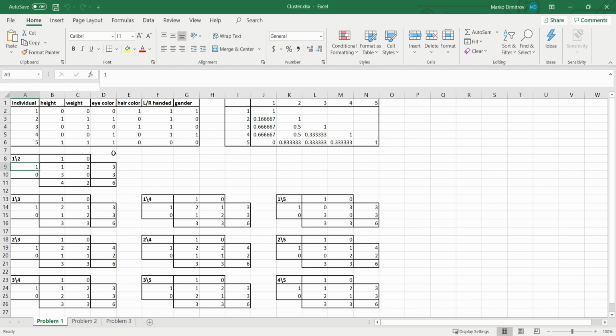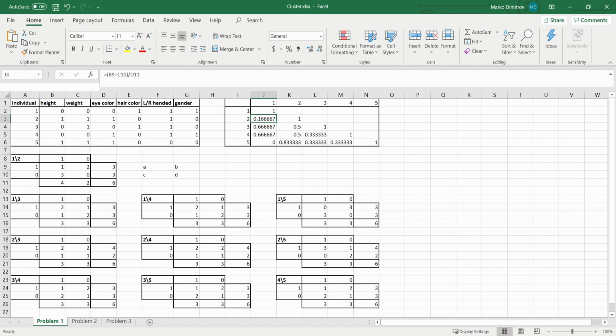For example, for 1, 2, we want to compute this coefficient here. We have A, B, C, D, right? So here it is A plus D, so 1 plus 0, divided by the sum. The sum here is 6, and what we get is 0.17.